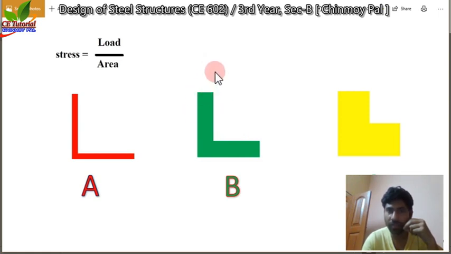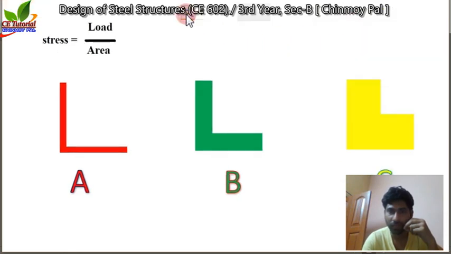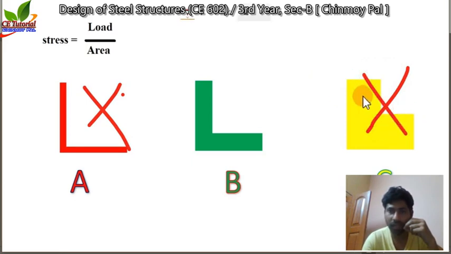That's why we need to design the structure. That means we need to follow some method. We cannot use this type of section because it will fail, and we cannot use this type of section because it will increase the cost. We have to choose this type of section, but how? We have to go for design.